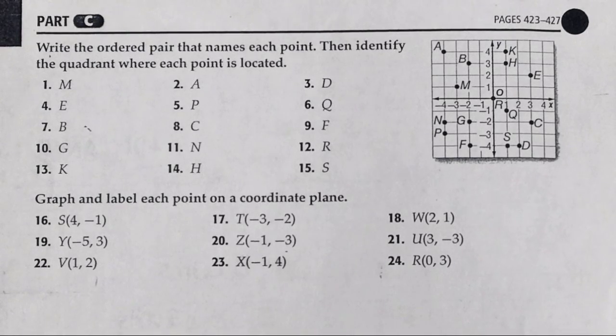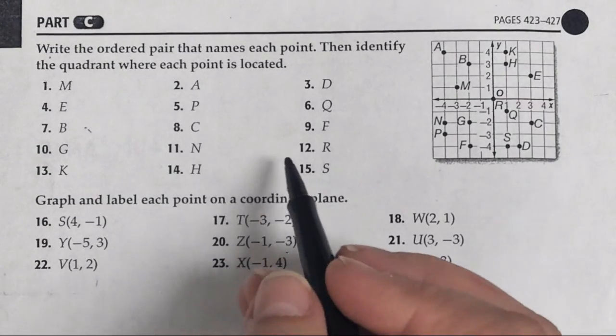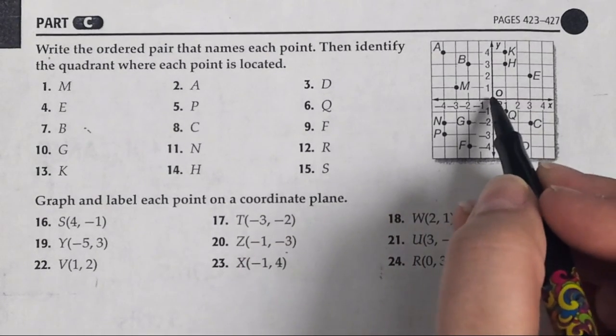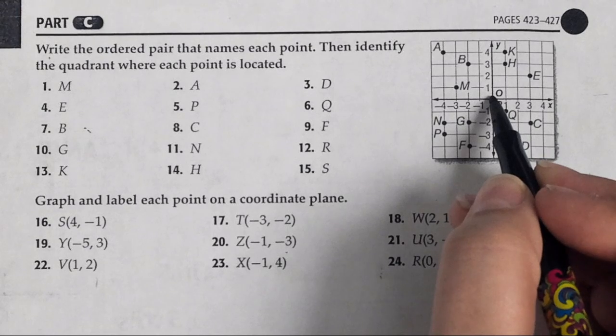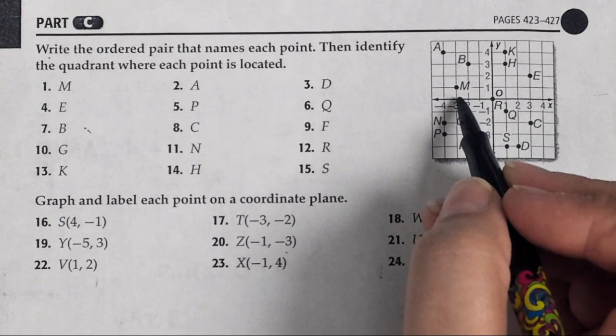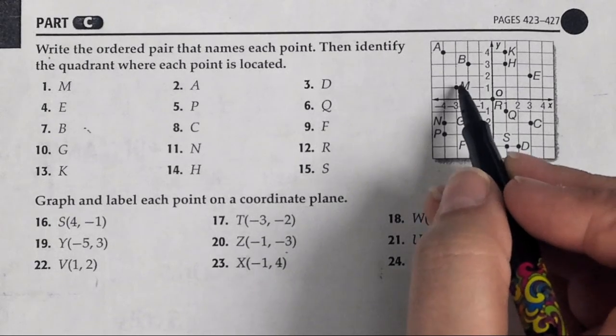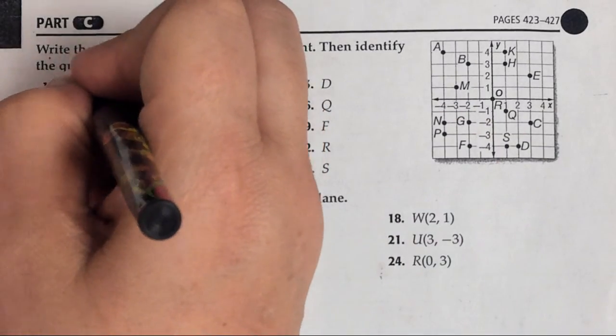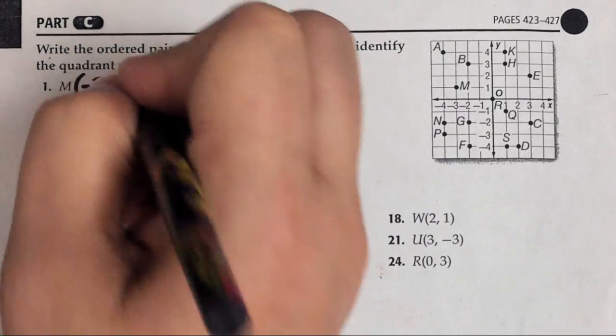If we're giving directions from 0, 0 to get to M, where do we go first? Left, which is negative 3, and then we go up. So we would write that as negative 3, comma 1.